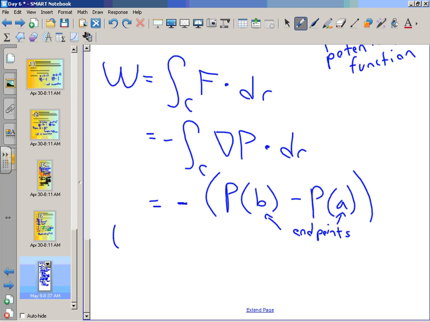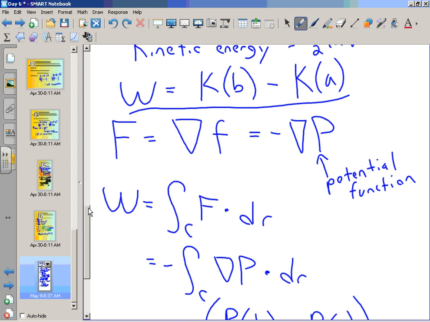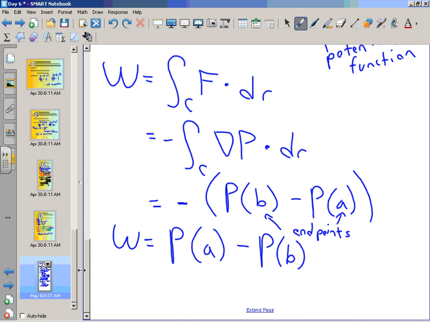And so what this says is that work is also equal to the loss in potential energy. So before, this is the gain because we are taking the difference from the beginning. So this is like the gain in kinetic energy or the loss in potential energy.